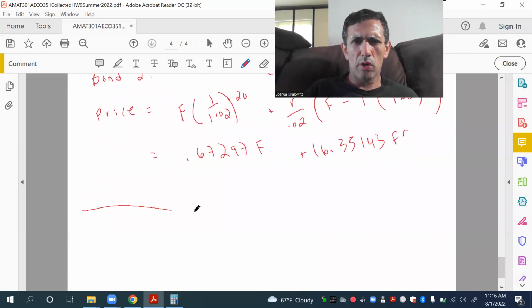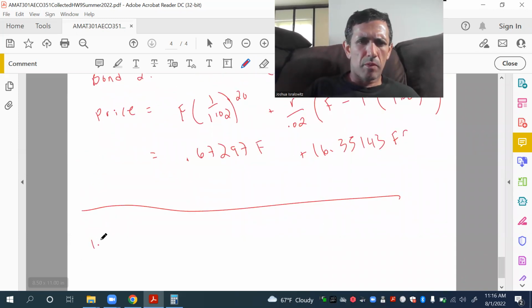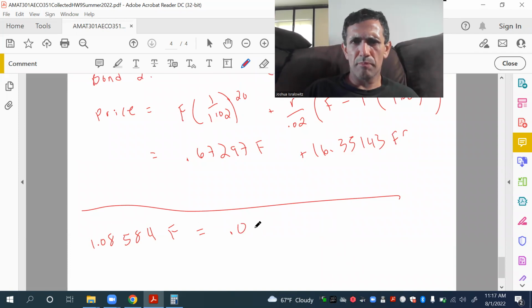Set the two to be equal. 1.08584 F equals 0.67297 F plus 16.35143 FR.